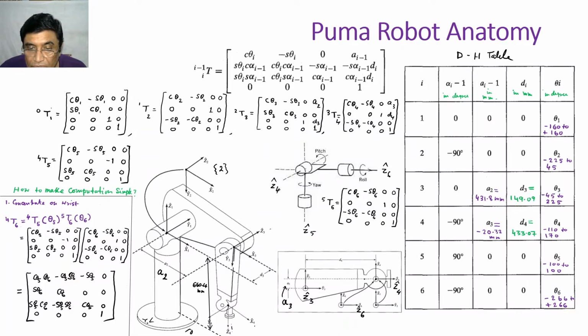Z4 is actually, so Z1 and Z4. Okay, and that distance between these two Z axis is actually A3. Had it been here, then A3 would have been 0. Okay, but A3 existence is there because they are offset.